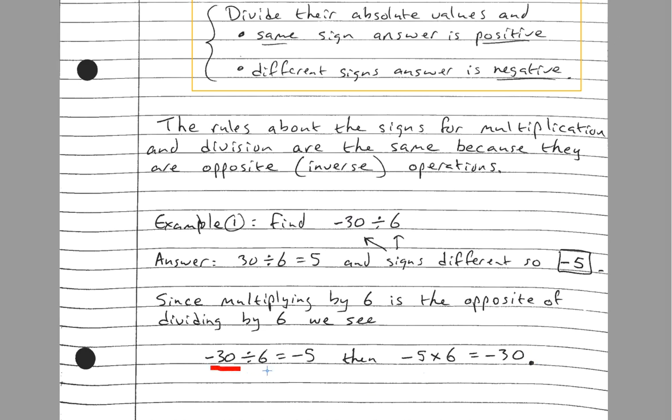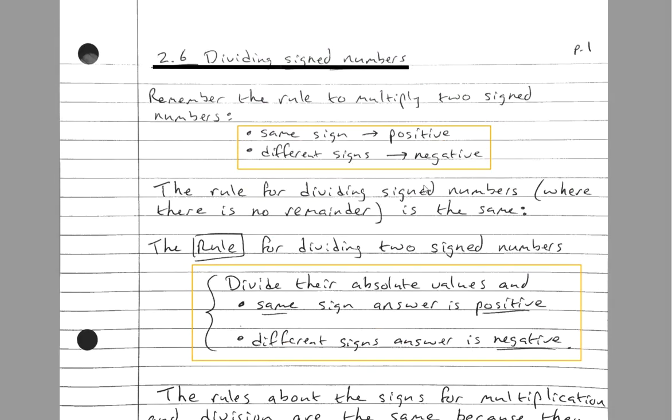Okay, so if you divide a number and then multiply by that same number, you get back to the original number. So you can use that idea to show that the rules for multiplying and dividing are the same.